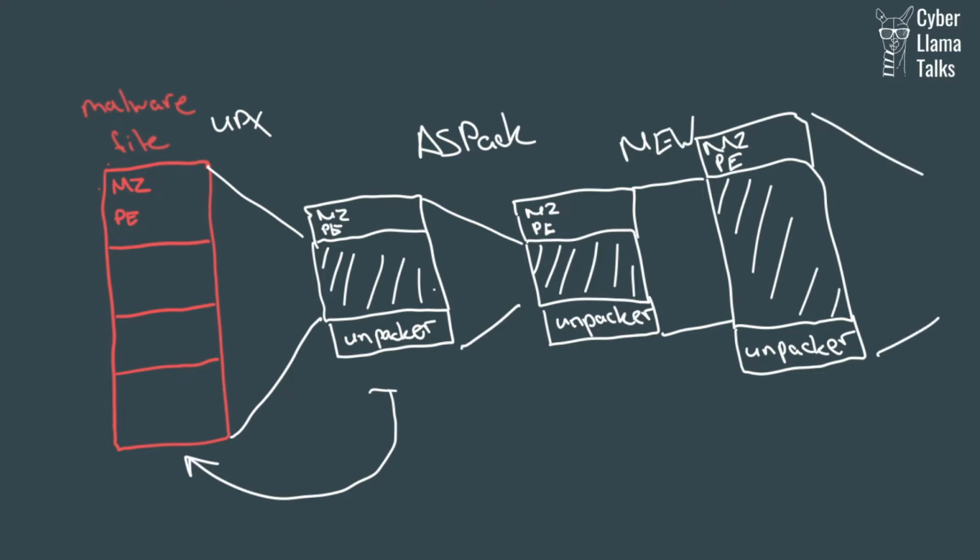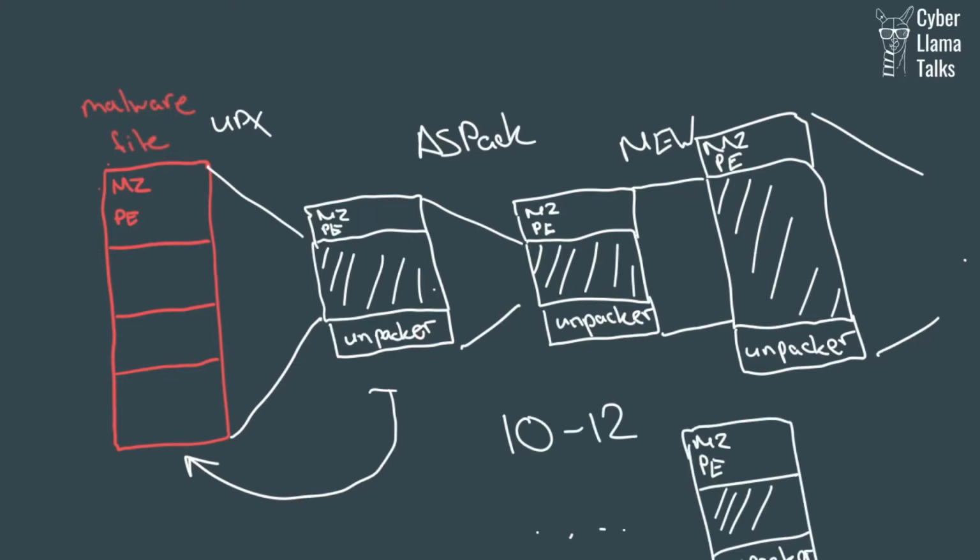They would continue further and further, maybe doing it 10 to 12 times, and end up with the final compressed malware. And of course, all these different packers, even though they're all known, can be mixed and matched in different combinations.